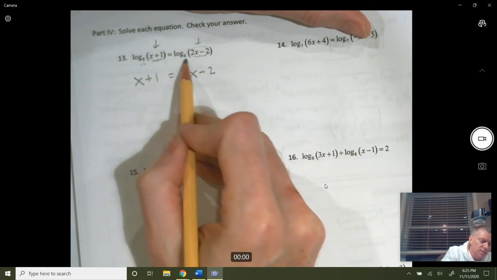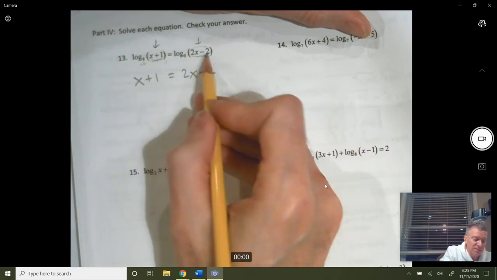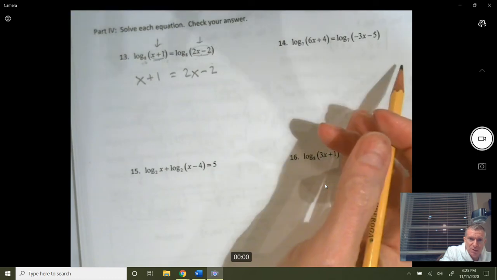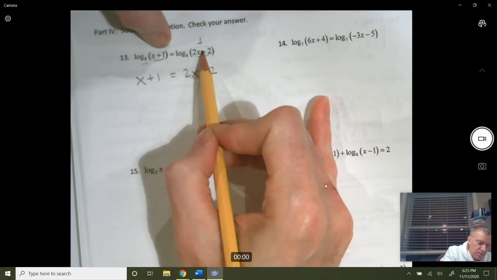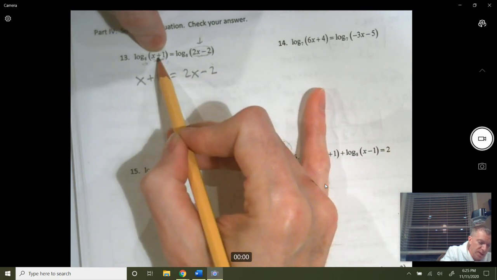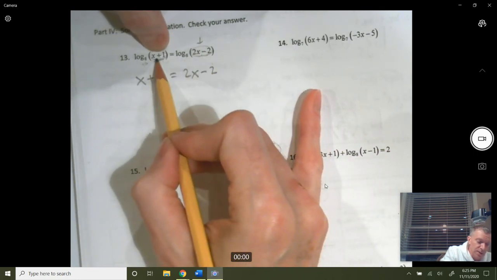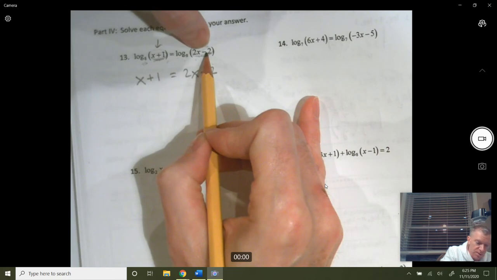Well, 8 to what equals this? And if those two exponents are equal, then their powers must be equal. Remember, this thing is the power. This thing means 8 to the something.